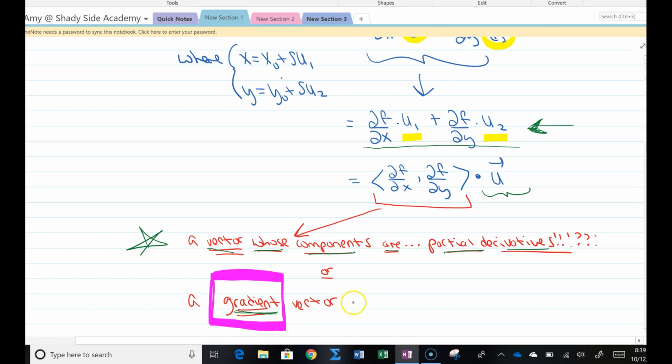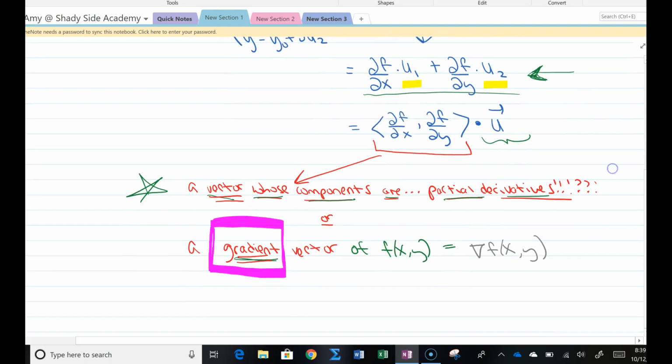Symbolically, this is the gradient vector of f of x, y. We can call it the gradient vector of f of x, y, or a vector whose components are the partial derivatives of f of x, y, or we can refer to it with its proper nomenclature, which is this.